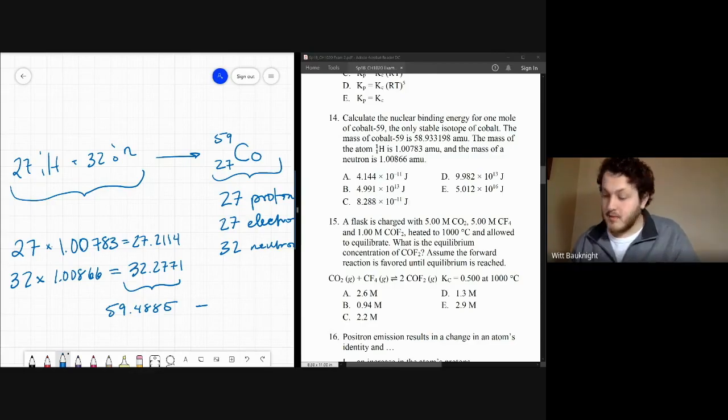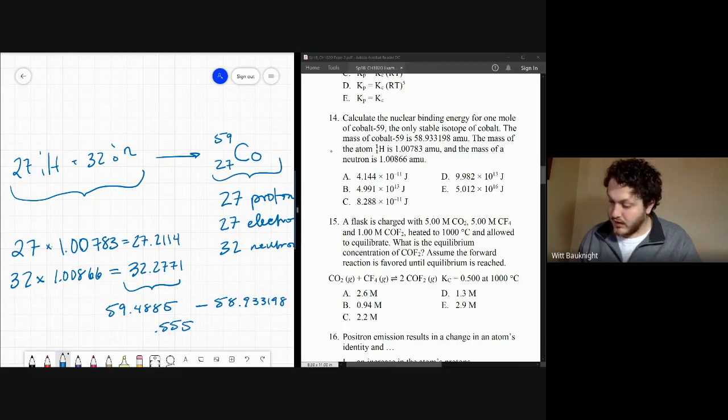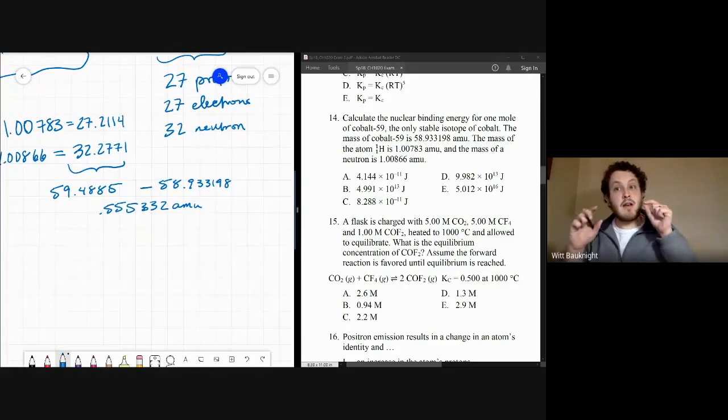And we're told that the mass of a single cobalt is 58.933189. So we take the difference, we get 0.555332 AMUs. Now, that's the mass defect of a single particle.